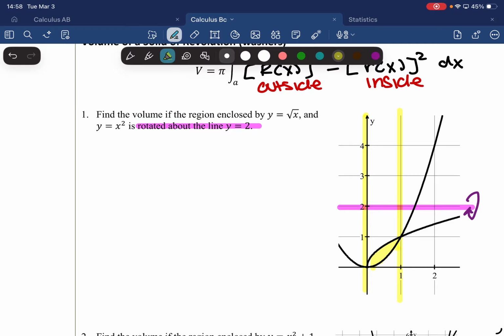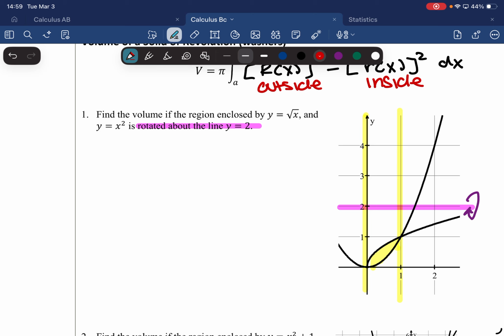Okay, the next thing we have to do is the mirror image across that line y is equal to 2. Notice that the quadratic here is 2 away from that line, so when we draw our quadratic as a mirror image over that line, it also has to be 2 away.